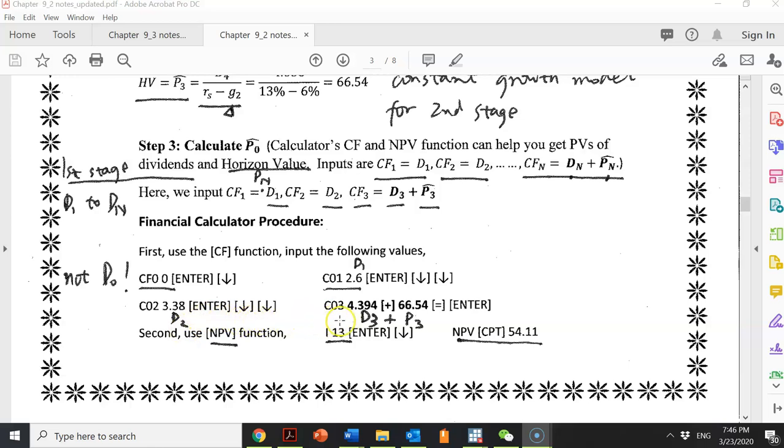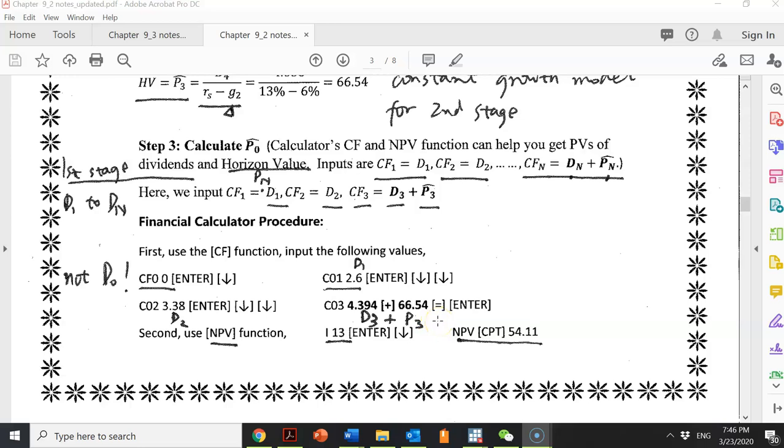Cash flow 3, we input D3 plus P3. Okay, again, cash flow 3 means the cash flow that occurs at time 3. We have two flows here, D3 4.394, P3 66.54. So we add them up.